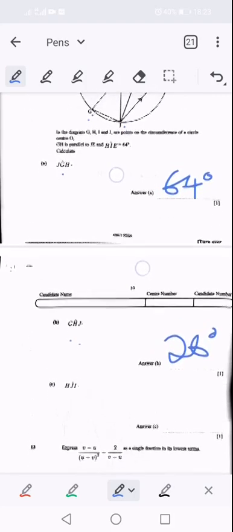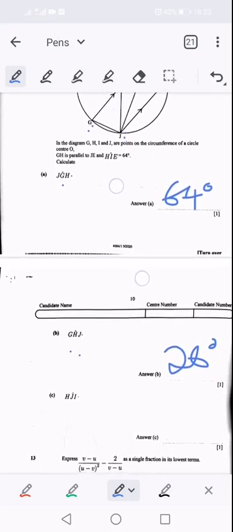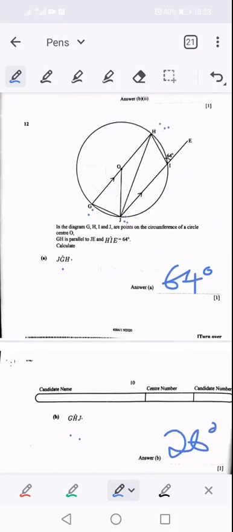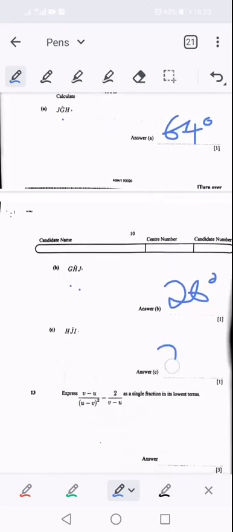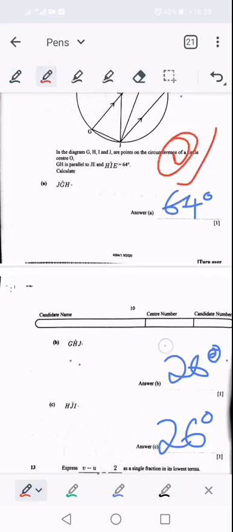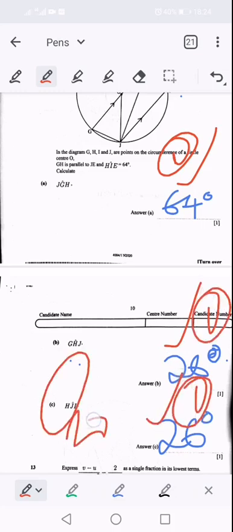Then the last one HJI down there 26 again. So this is 26, this is 26. So you get your full marks. After this you get full marks. 1 mark for this one, then 1 mark again for this one, and 1 mark for this one. That's it. So ndo maitira ngochita.